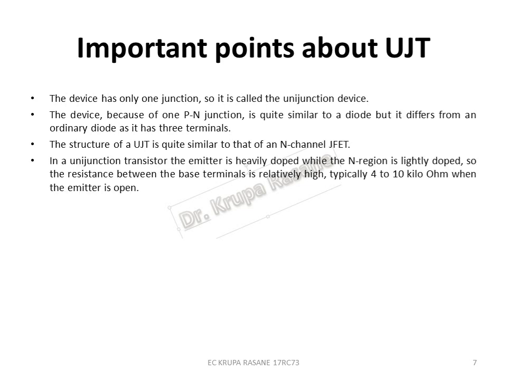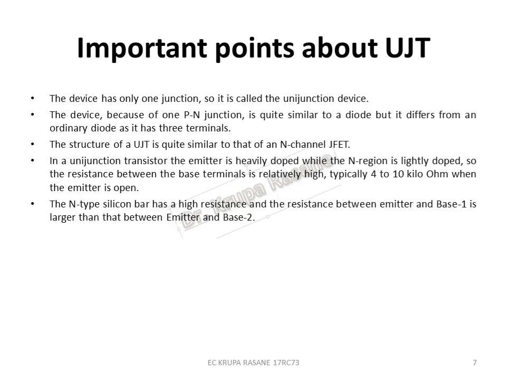In a unijunction transistor, the emitter is heavily doped and the N region is slightly doped. So the resistance between the base terminals is relatively high, typically around 4 to 10 kilo ohms, when the emitter is open. The N-type silicon bar has high resistance, and the resistance between the emitter and base 1 is larger than that between emitter and base 2.